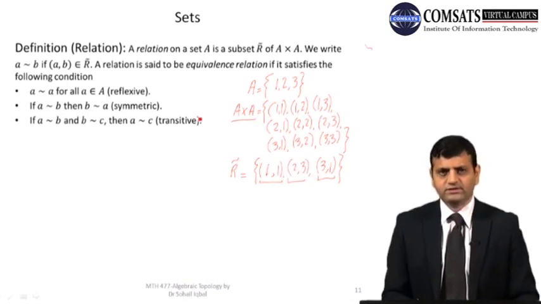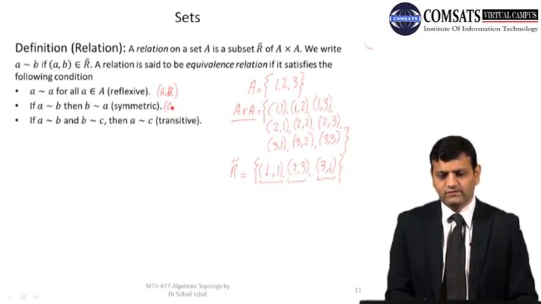Now what is an equivalence relation? A relation is said to be an equivalence relation if it satisfies the following conditions. First, a must be related to a. In other words, we are requiring that it must contain (a, a). Secondly, if a is related to b, then b is related to a.